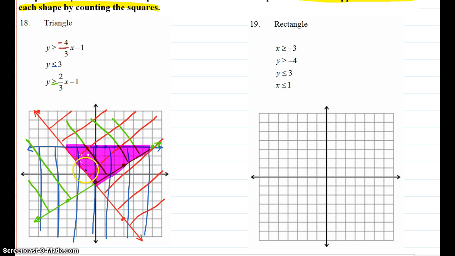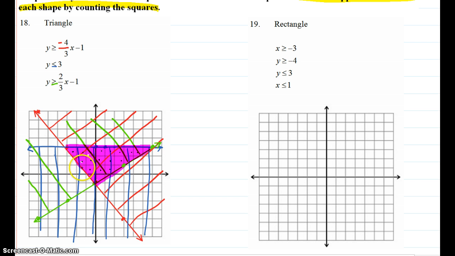So just count the squares now. 1, 2, 3, 4, 5, 6, 7, 8. What I'm going to try to do is only count almost complete squares. So I have 8, 9, 10, 11, 12, 13, 14, 15, 16. And now I'll start counting the other ones as half.